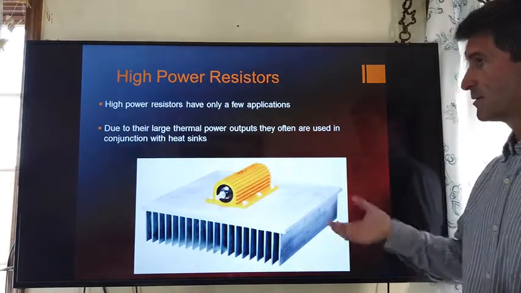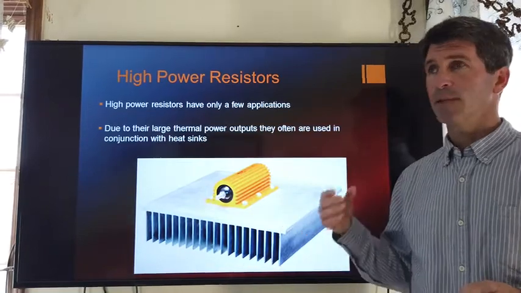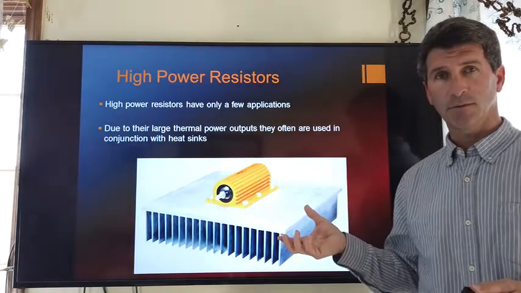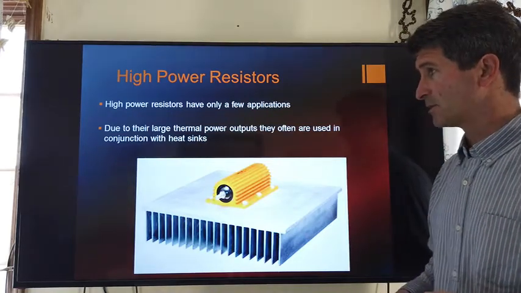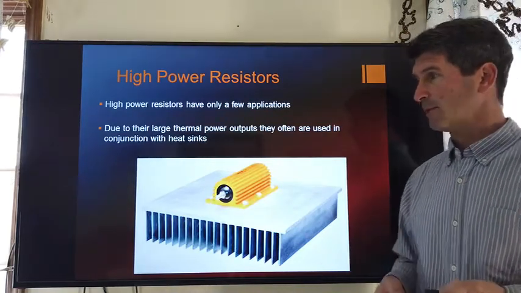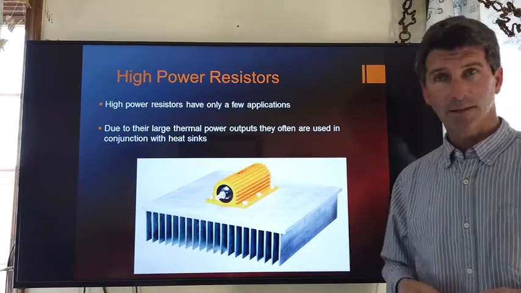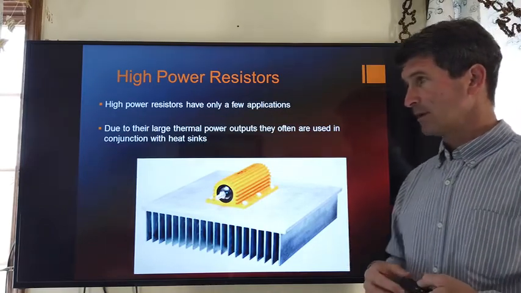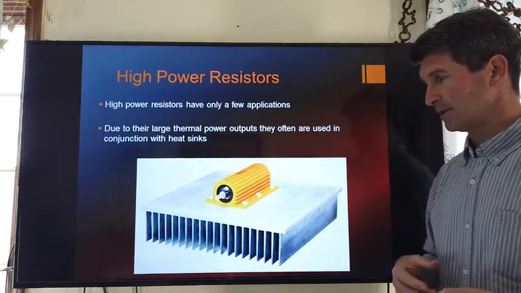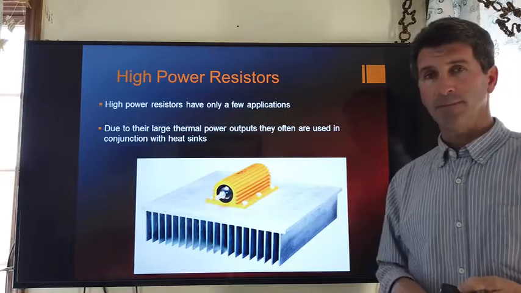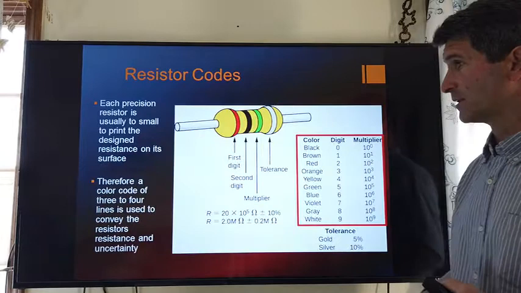Due to the large thermal outputs, if we're talking about many watts of heat, that can overload a circuit rather quickly. We've got to dissipate that heat before it does any damage. A lot of the parts of the printed circuit board can't take high temperatures. Even the solder that holds things together will melt after a certain temperature. But again, heat sinks are used to dissipate the electrical energy.